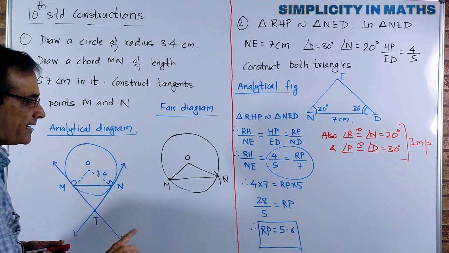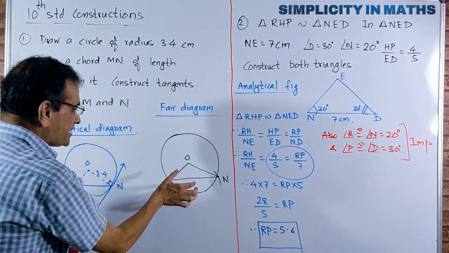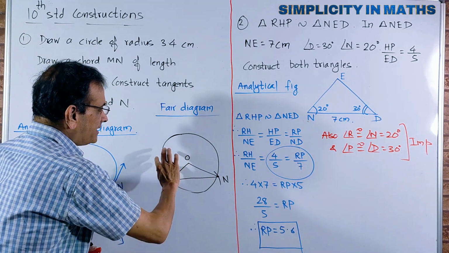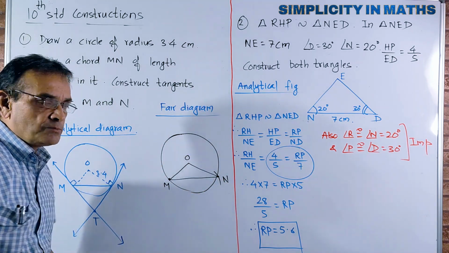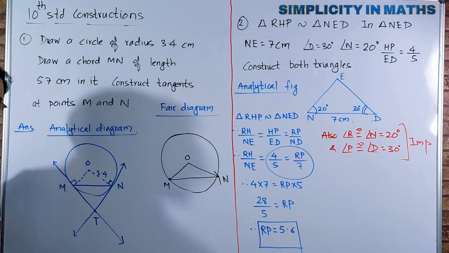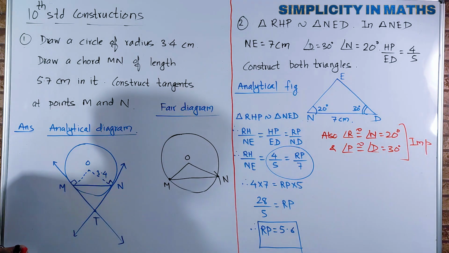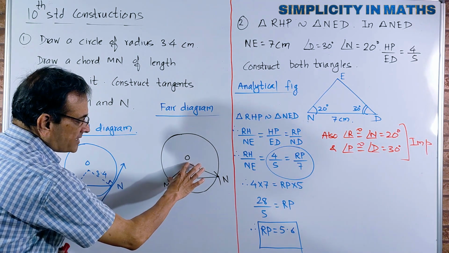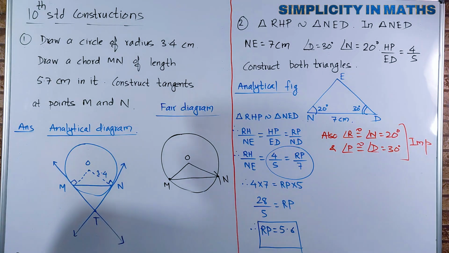So in the fair diagram, now you have to measure correctly 3.4 centimeters. With O as center, draw a circle. I am just explaining this right now. You listen properly, then try to solve both the problems. So exact 3.4 centimeters, draw a circle because it is the fair diagram.